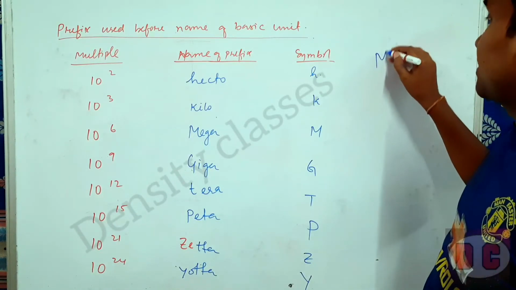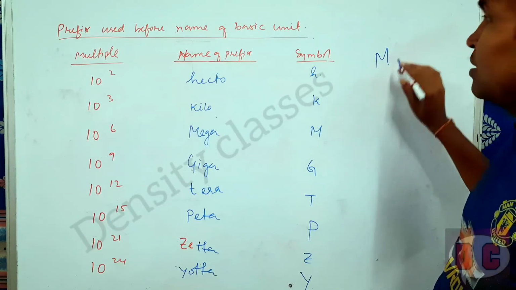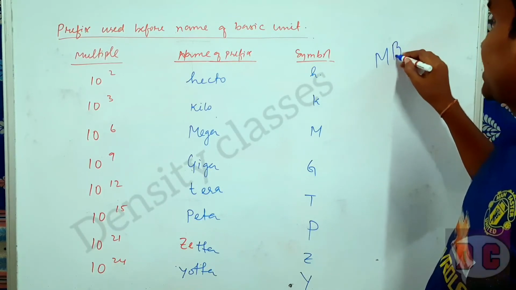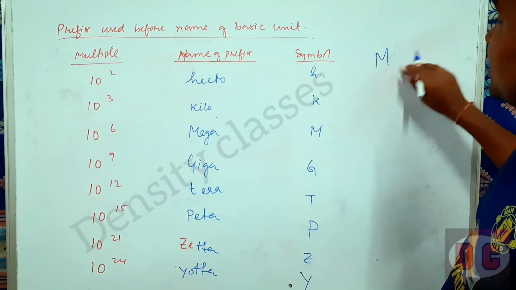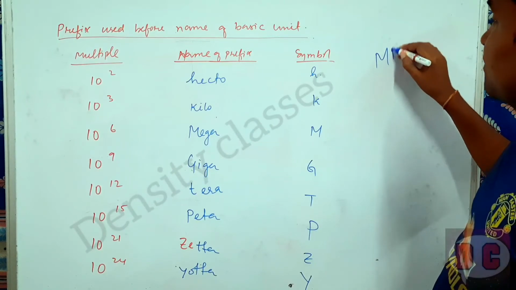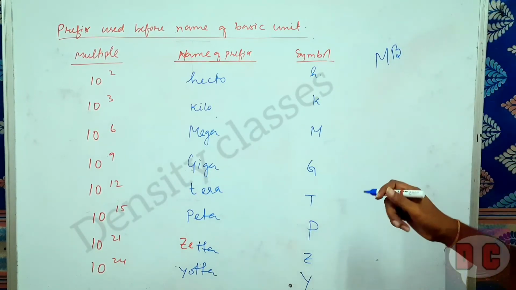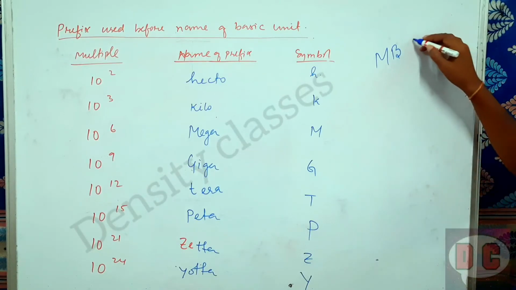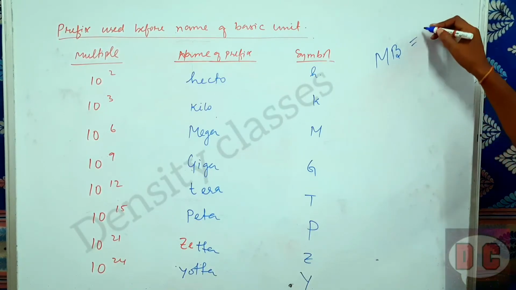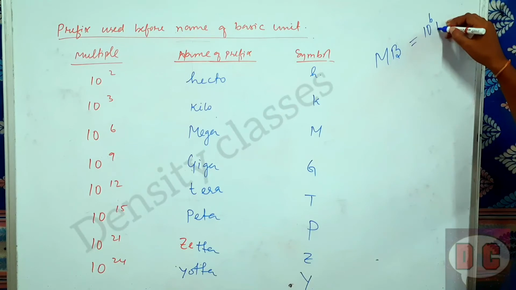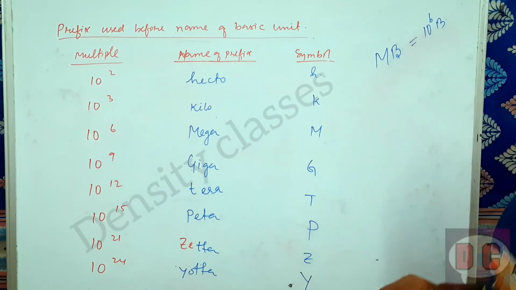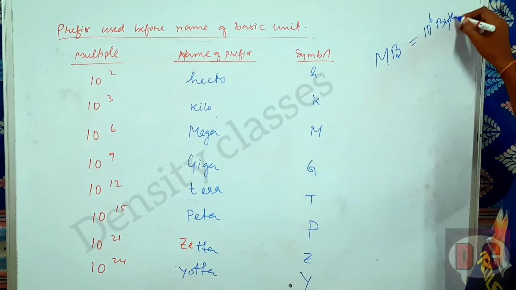If it is given mega, okay, MB, we used to write MB, got it or not? So that is nothing but megabyte. Megabyte is equal to 10 to the power 6 bytes. Okay, bytes. Got it?